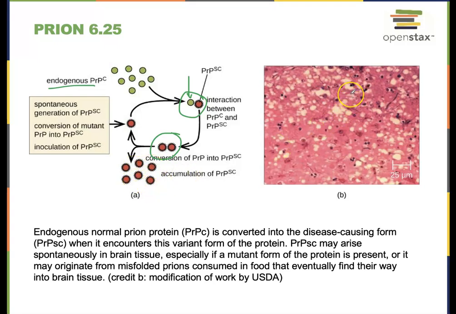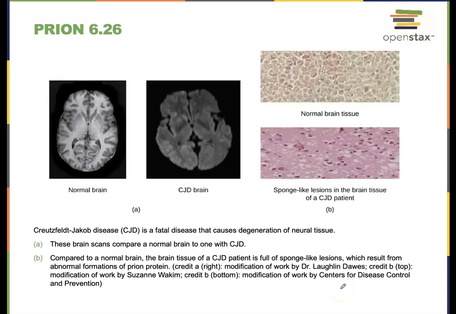And then this is an image of some nervous tissue, brain tissue that has those areas that are clear, right? These areas are holes, and those holes are caused by that prion. So this is a normal brain.